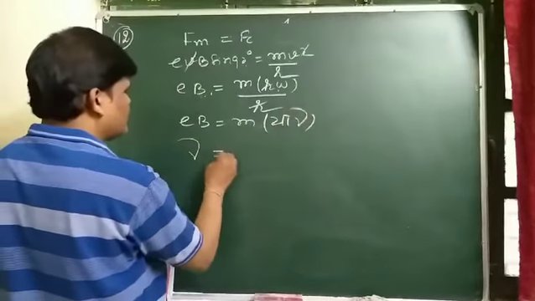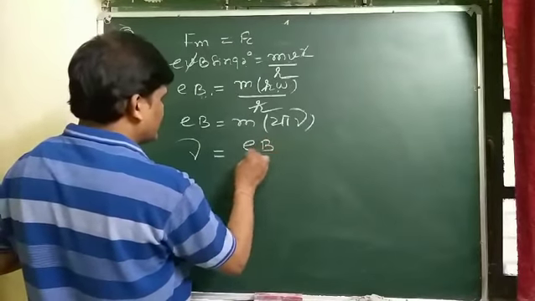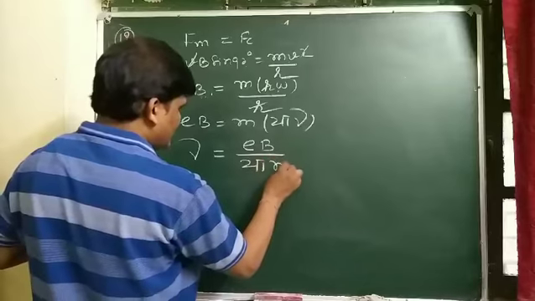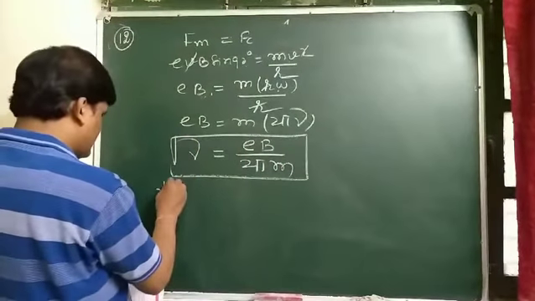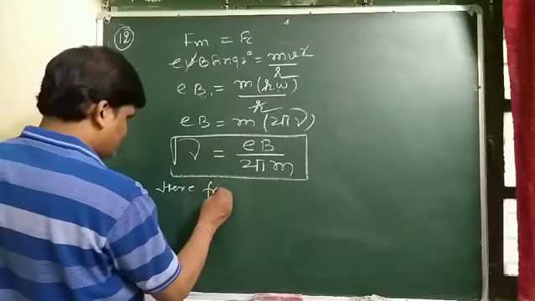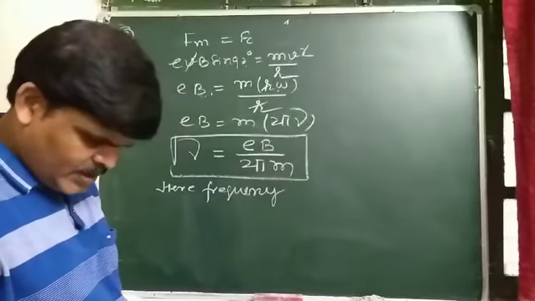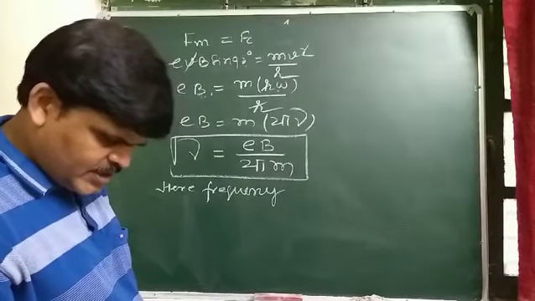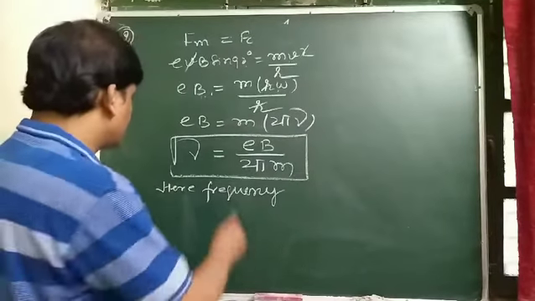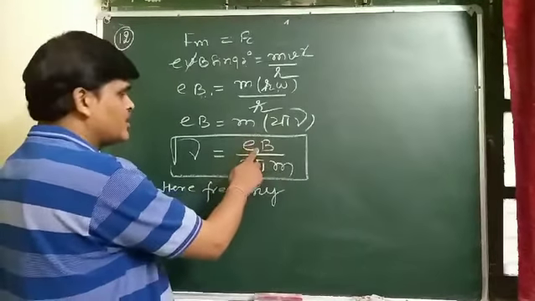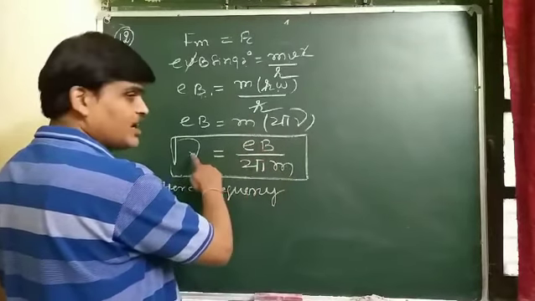So nu comes out to be eB by 2 pi m. Does the answer depend on the speed of the electron? No, there is no velocity of the electron in this expression of frequency.